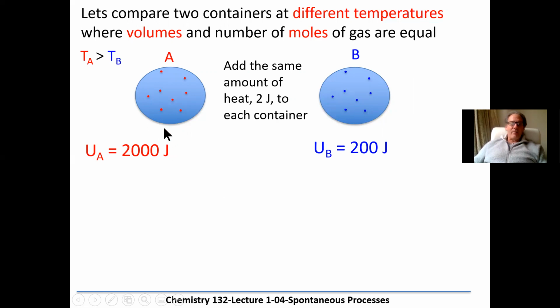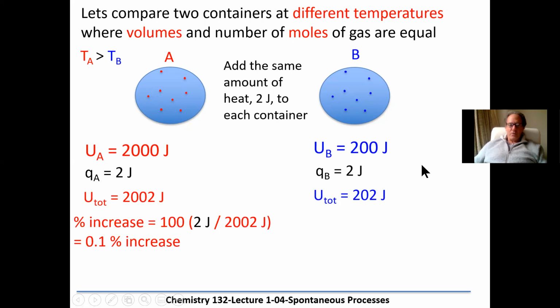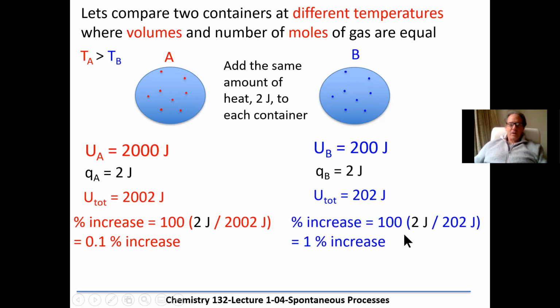So if I add the same amount of heat to each container, add 2 joules of heat, let's look at the percentage change. In this case, 2,000 joules went up by 2 joules, 200 joules also went up by 2 joules. So the percentage increase is the 2 joule change divided by 2,002 joules compared to the 2 joule change divided by 202 joules.